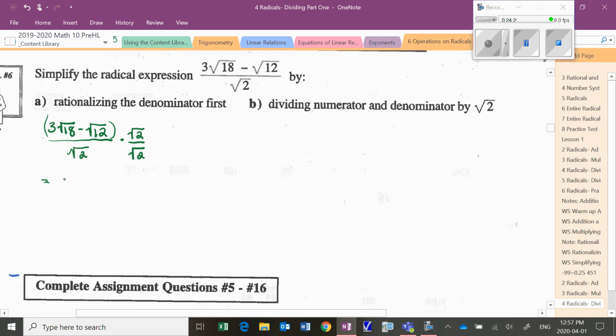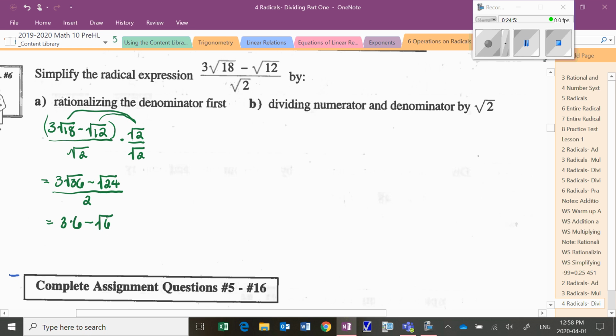So then we've got 3 root 36 minus root 24, because we've essentially got distributive property here, and that is all over root 2 times root 2, which is just 2, and then 3 times 6 minus, and root 24 is the same as root 4.